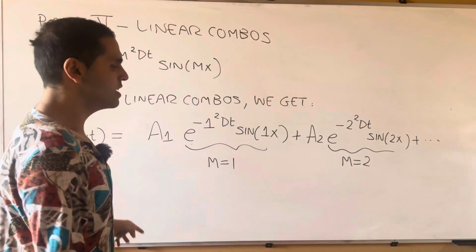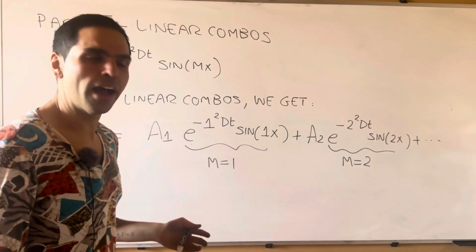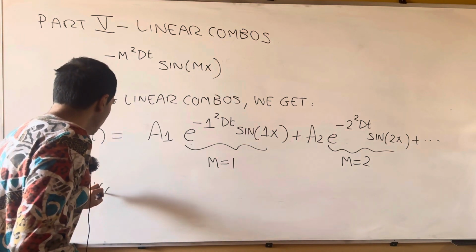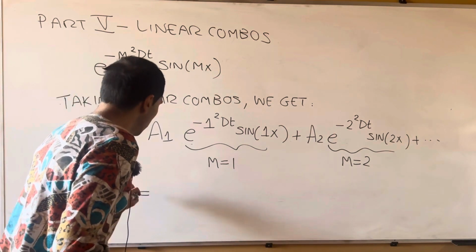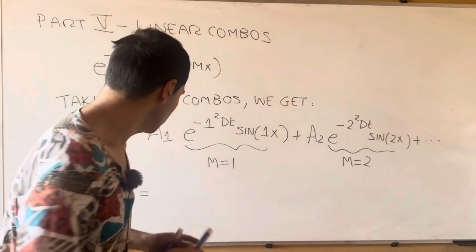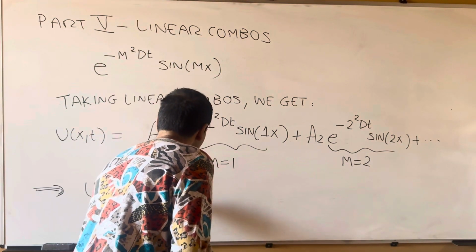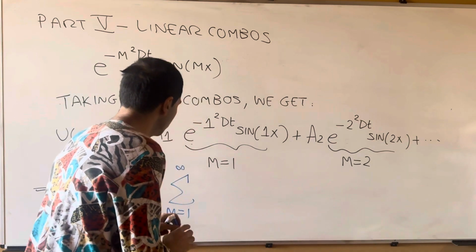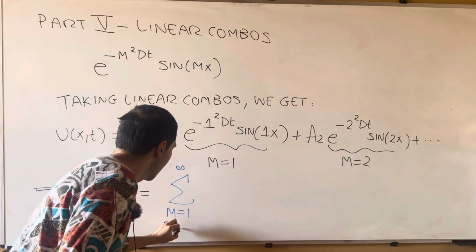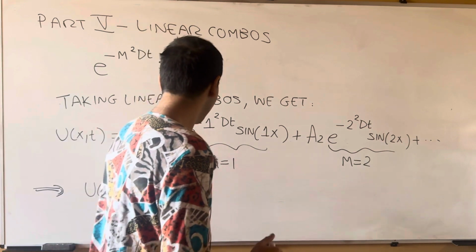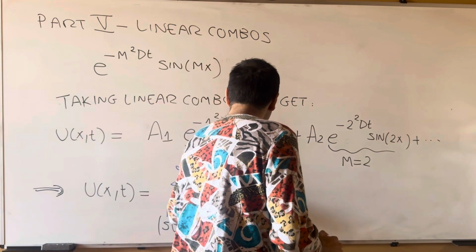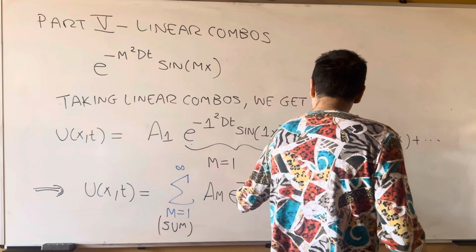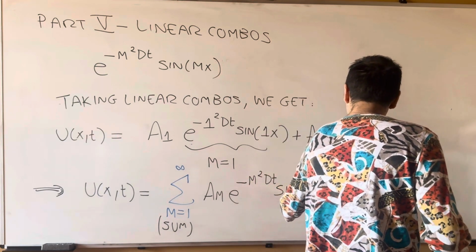But the nice thing is you can conveniently write this as one sum, namely u of xt is now the sum. So this weird sigma symbol means sum from 1 to infinity of am e of minus m squared dt sine of mx.